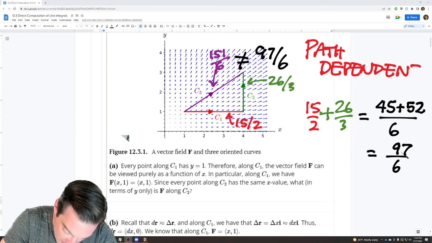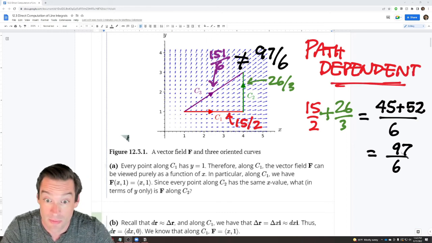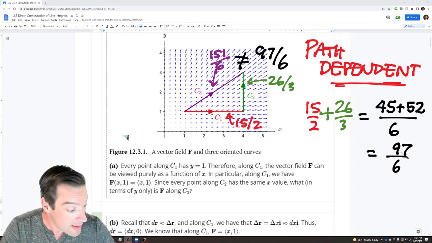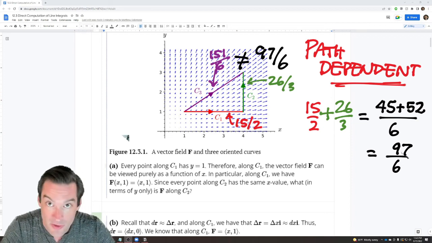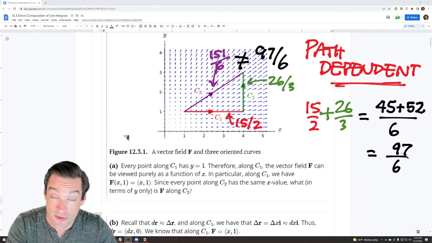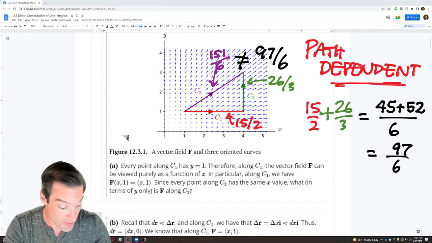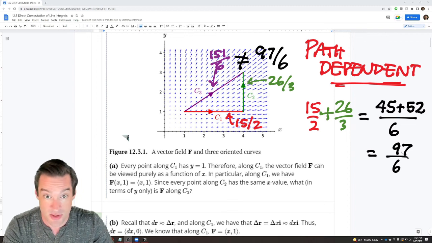So that's going to be our job for tomorrow, is to figure out what is the connection between those two observations, right? Should it be the case that whether or not a vector field has path-dependent or independent path integrals have anything to do with whether that vector field is a gradient vector field? So that's going to be the main subject of what we talk about tomorrow.